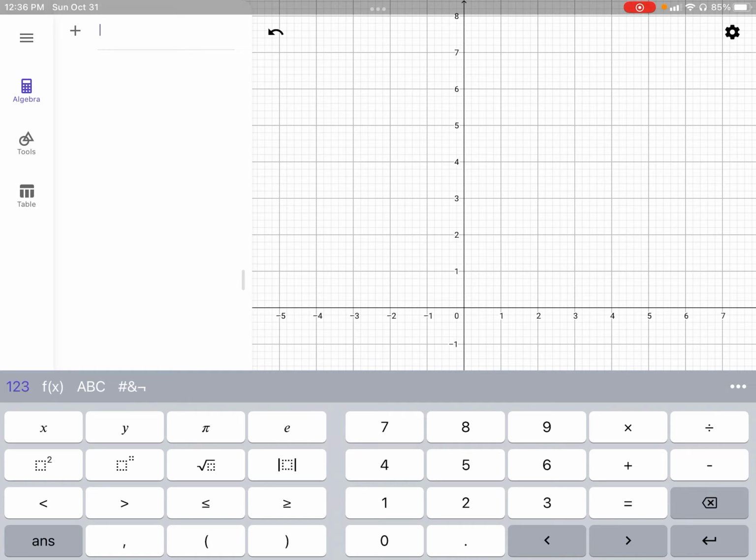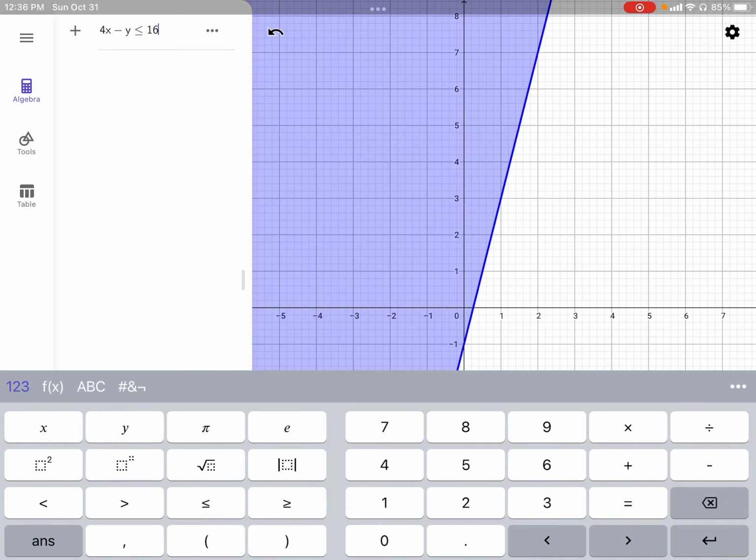Remember, geogebra.org is the website if you don't prefer to download. I think it's a great tool and worth downloading. So we're not going to enter the objective function yet, but let's enter all the constraints, x minus y less than or equal to 16.